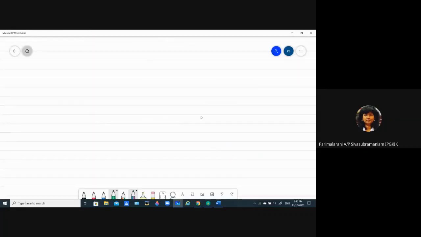Okay. So we know that the nth pentagonal number consists of the nth triangular number and the n minus 1 triangular number.